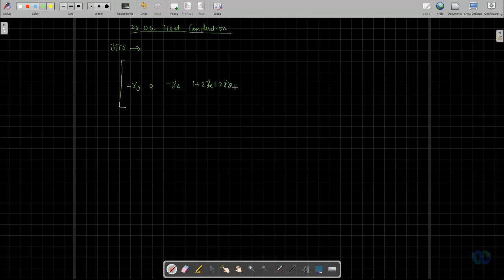2 gamma y, gamma x, 0, minus gamma y. So this is a pentadiagonal sparse matrix. And we designated this in terms of single index notation.